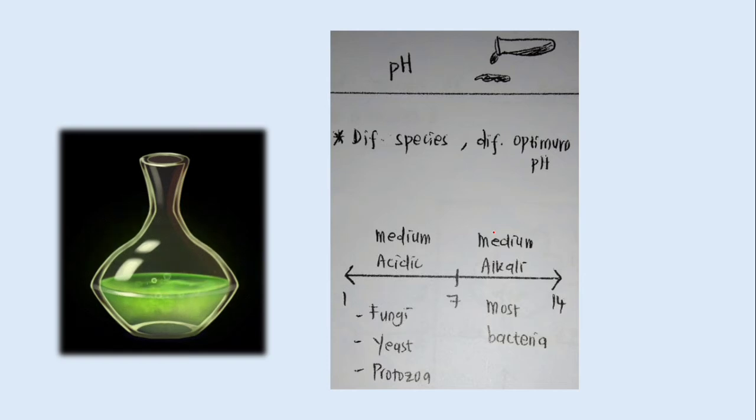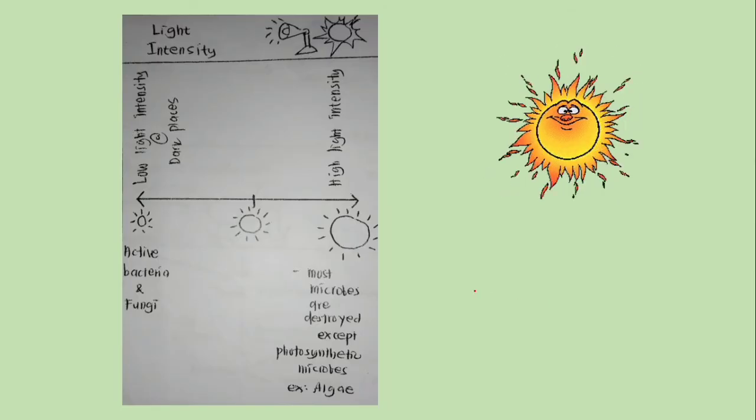Okay, pH. Different species have different optimum pH. Okay, acidic mediums are usually for fungi, yeast and protozoa. Okay, alkaline mediums are mostly for most bacteria. Okay, light intensity.